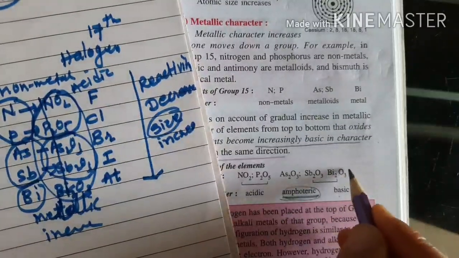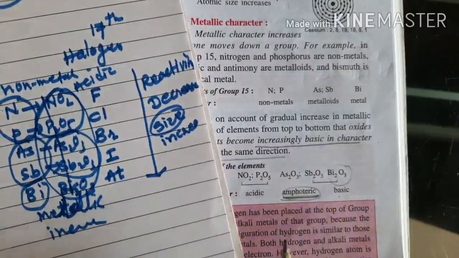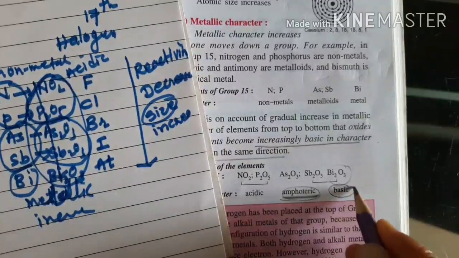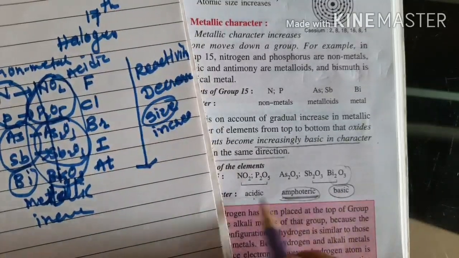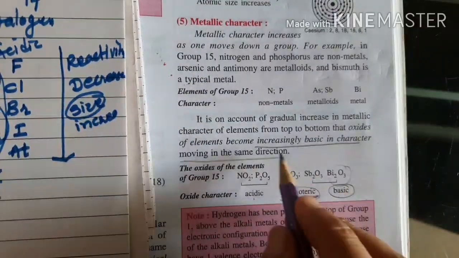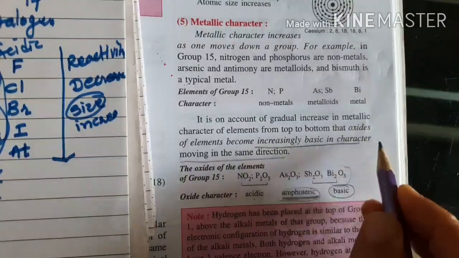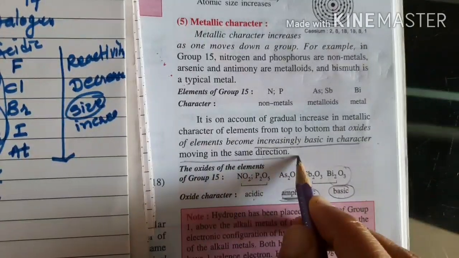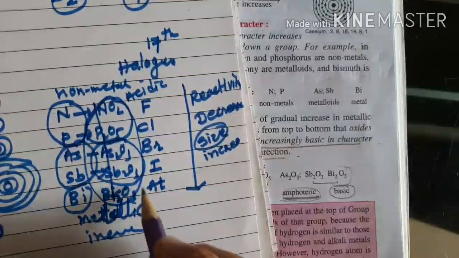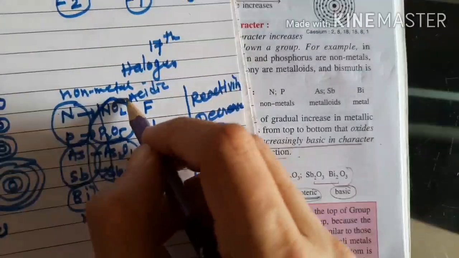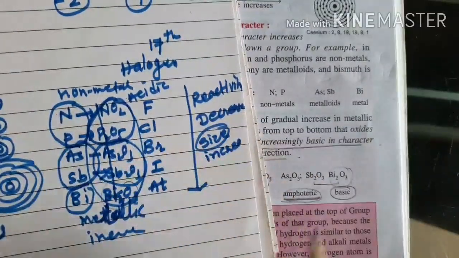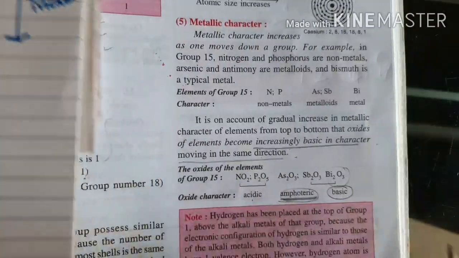The last one, bismuth oxide, is considered basic. So acidic to basic, which means the basic character increases down the group.